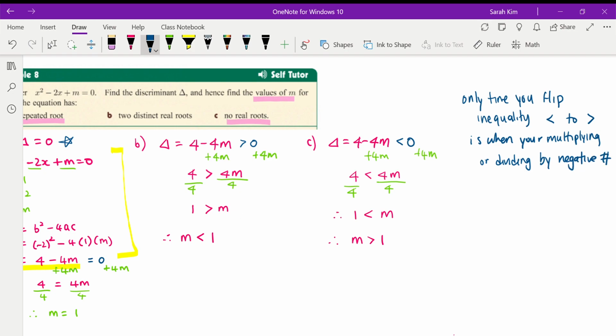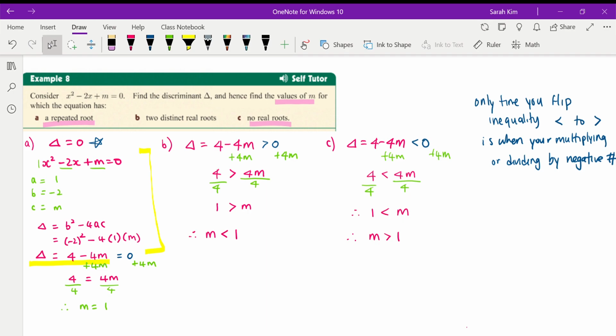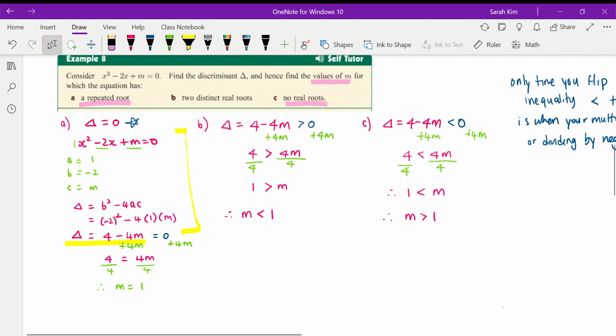This is the only time you flip inequalities. This is Year 10 knowledge, so let me know if you need more help with that. If your answer is not looking correct, most likely you haven't done your rearranging correctly.